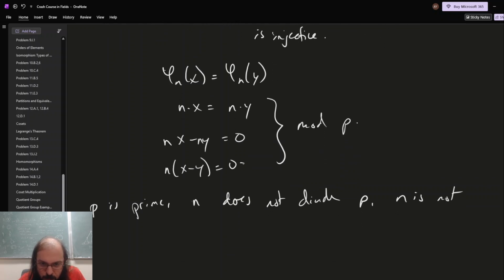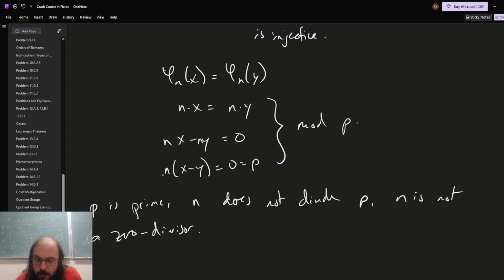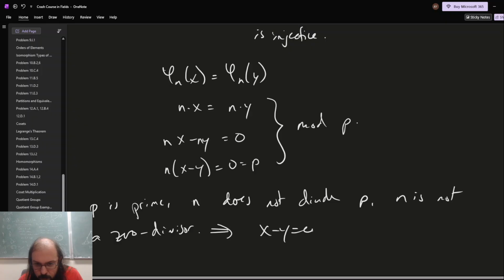Because this is the same thing as being equal to p when you're working mod p. So therefore, even if I don't know what n's multiplicative inverse is, I can still cancel it. So x minus y is 0, or x equals y.